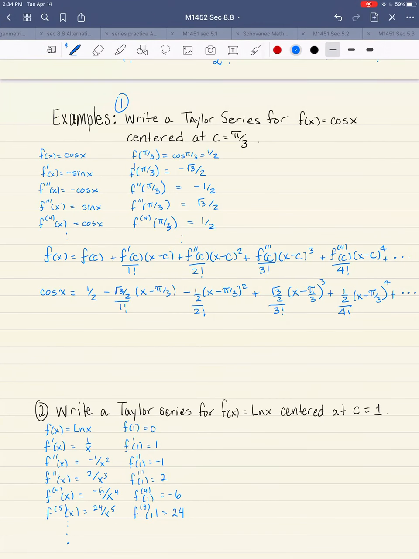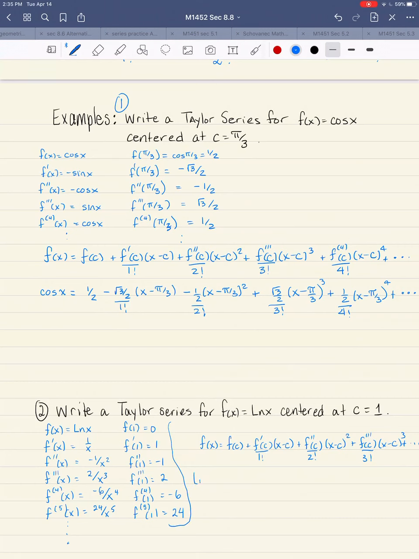Okay, so our polynomial, following our formula up there, is that f of x is f of c plus f prime at c over 1 factorial times (x minus c), plus f double prime at c over 2 factorial times (x minus c) squared, dot dot dot.